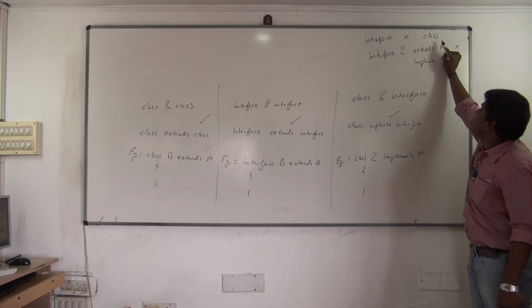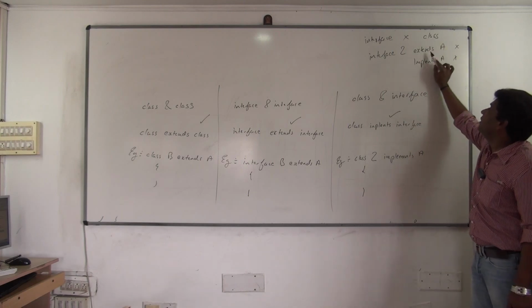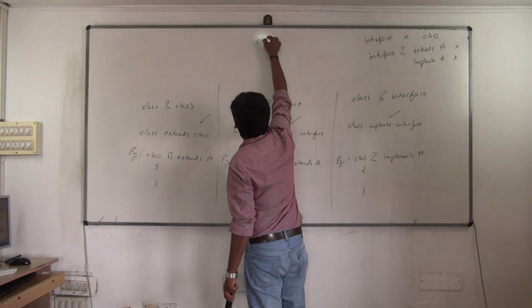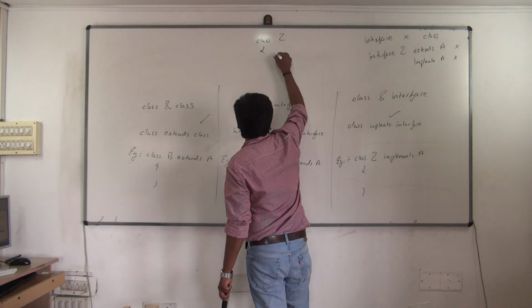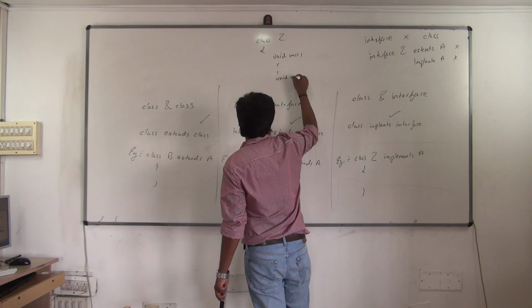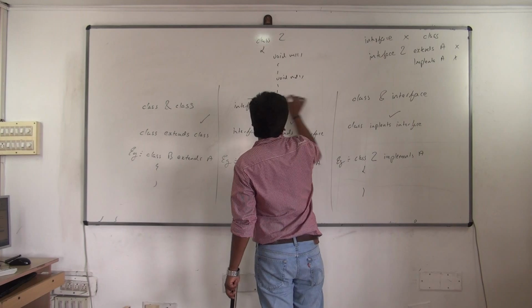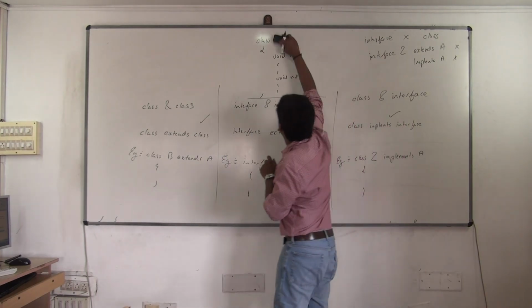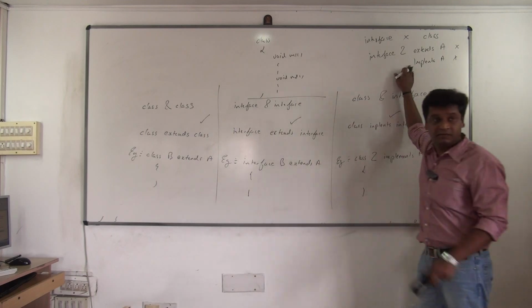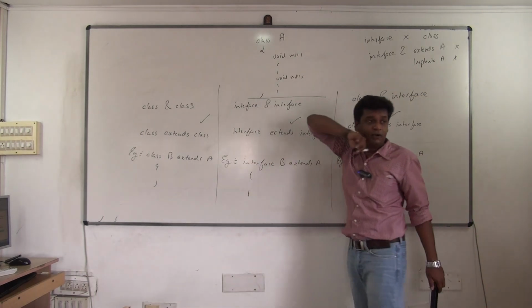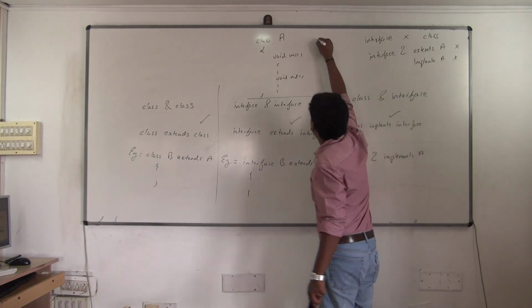Very simple. See here, if interface Z extends A, now A is a concrete class. Let's see the scenario. Class Z is there. It has some methods, void M1, void M2. Now class A is there. I'm explaining this concept. Now what is the interface trying to do?